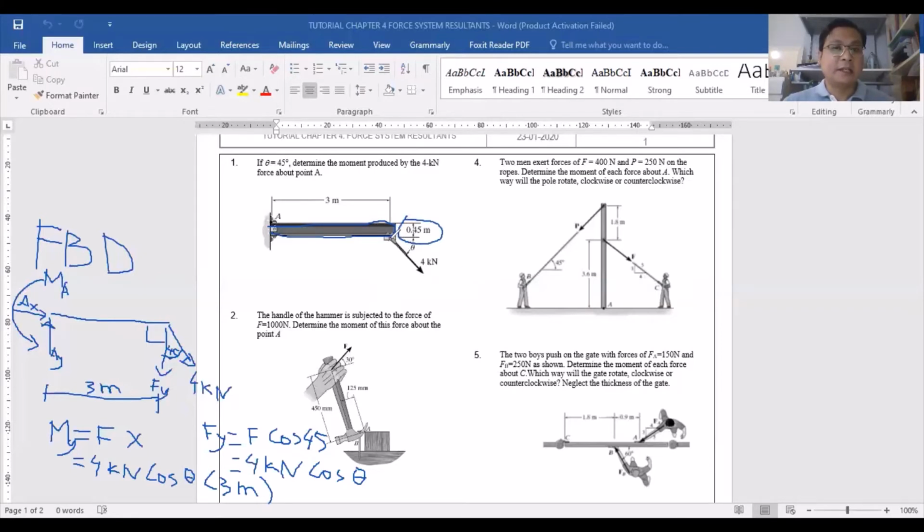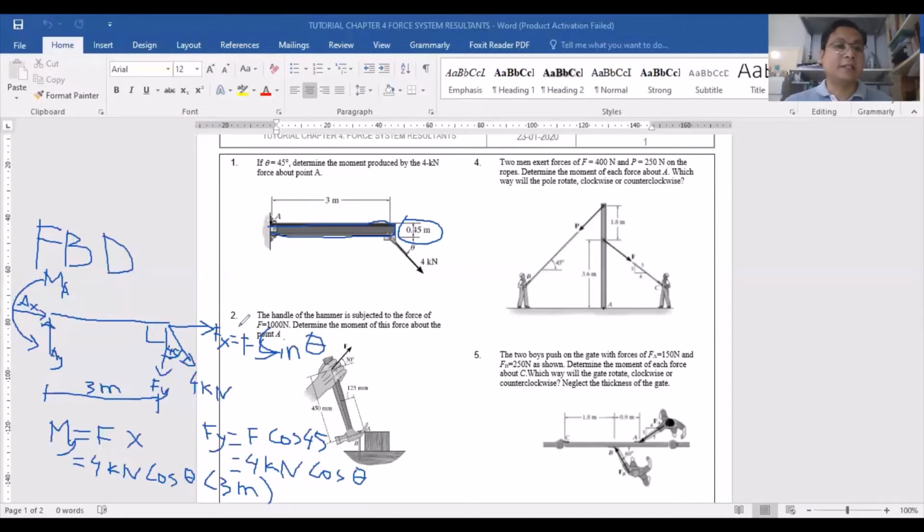So in the x direction, Fx is equal to F times sine theta.